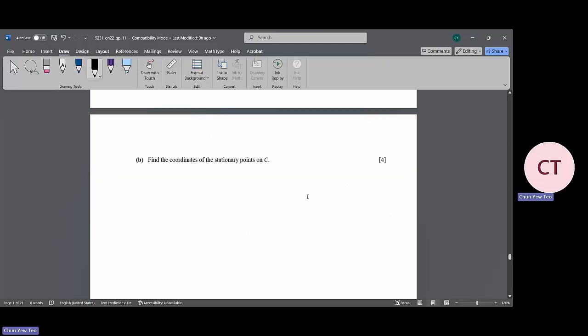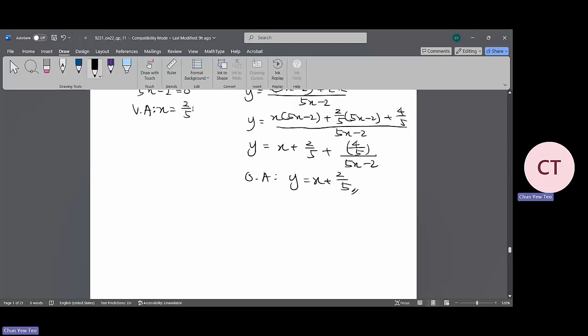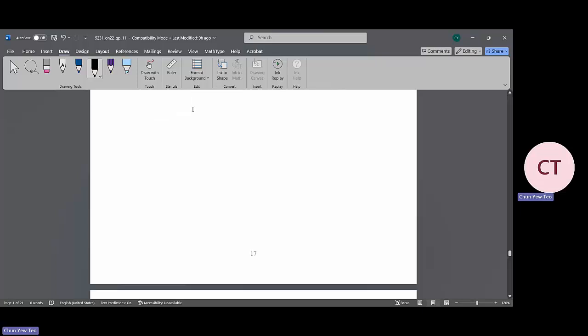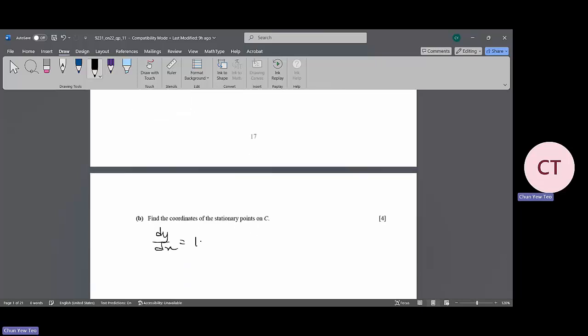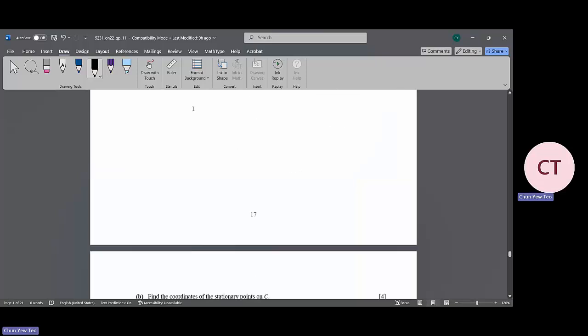Now we want to go for part B, find the coordinates of the stationary points. So we have the dy/dx. Usually when we want to differentiate, we differentiate from here. That will be better. So differentiate from here, you will get 1 minus 4 over 5 of 5x minus 2 squared.